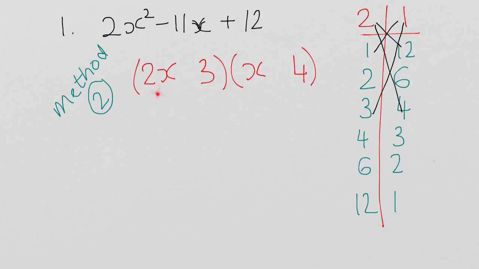However, we're then going to get 2x times 4, which will give us 8x, and 3 times x, which will give us 3x.